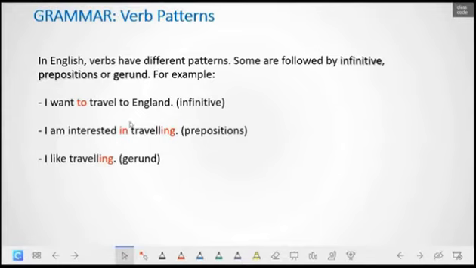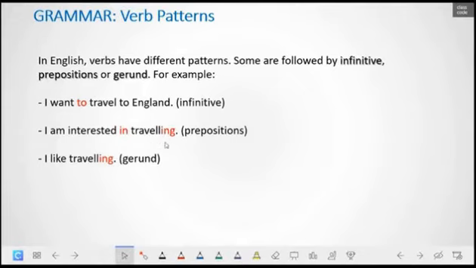So we have in, this is a preposition, and the verb that comes after the preposition should be in the form of ing. So you have the preposition in, and then you have travel. You have to add ing to the verb. This is a must.